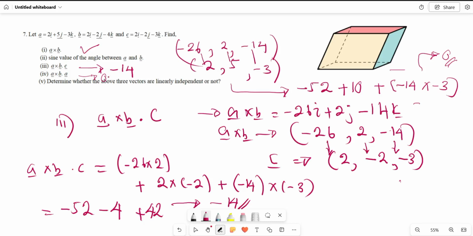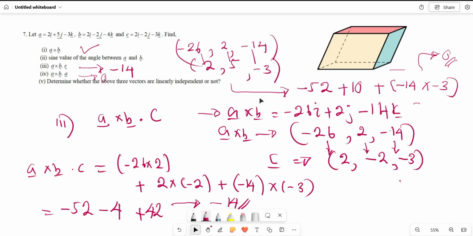I told you that if three vectors are linearly independent, their scalar triple product should be non-zero. Since A cross B dot C is non-zero, we can say that it is linearly independent.